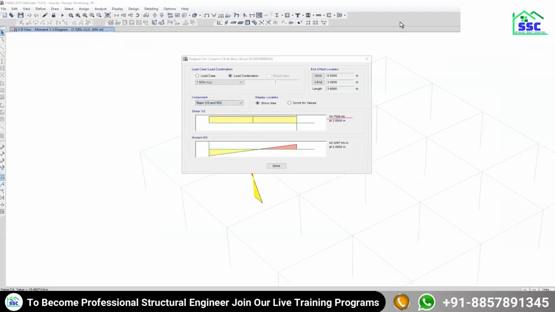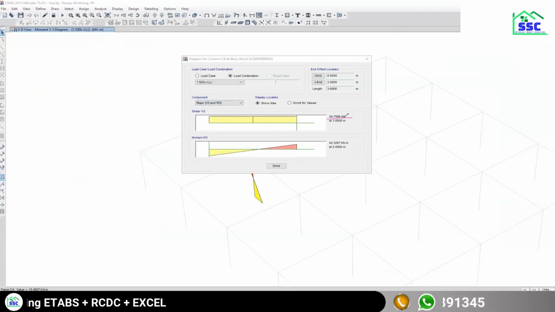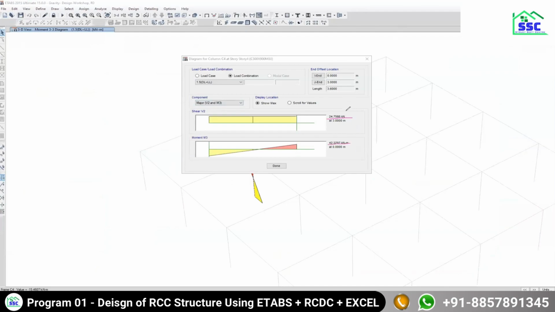Here you can see that the shear force is 24.75, that is 25 kilonewton. Yeah, so the shear force is 25 kilonewton and the bending moment is 42.32 kilonewton meter in the major direction.